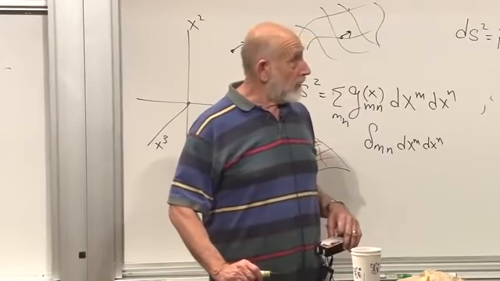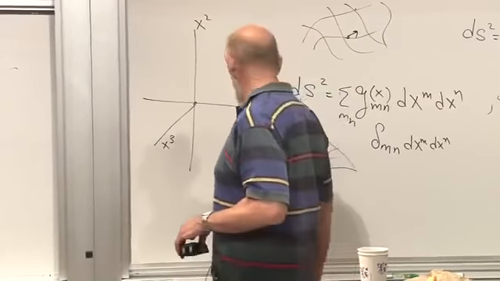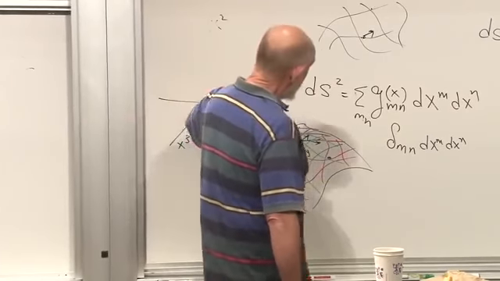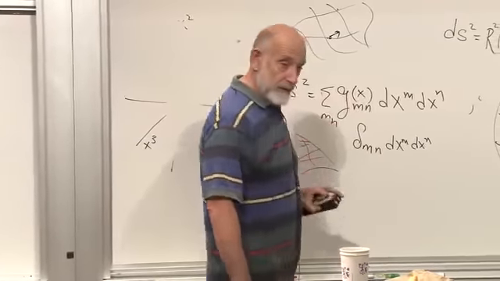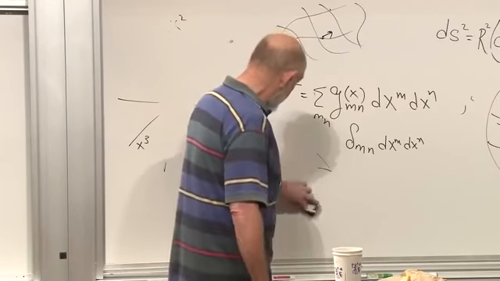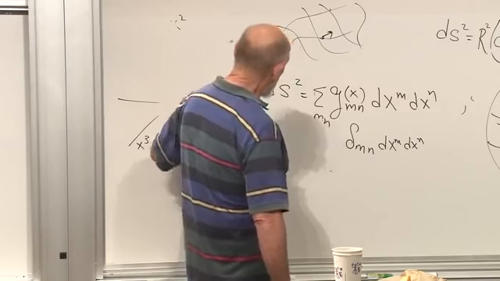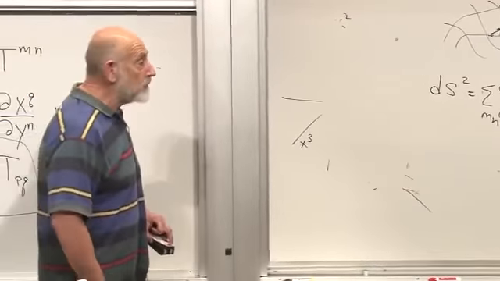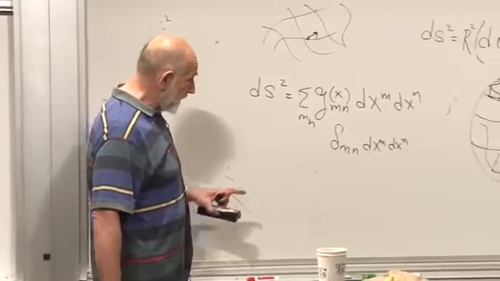We're about finished. Well, I'll just do one more simple thing before we finish. The question is how the metric tensor transforms. And this is easy. Supposing we want the same interval except expressed in terms of the y coordinates.